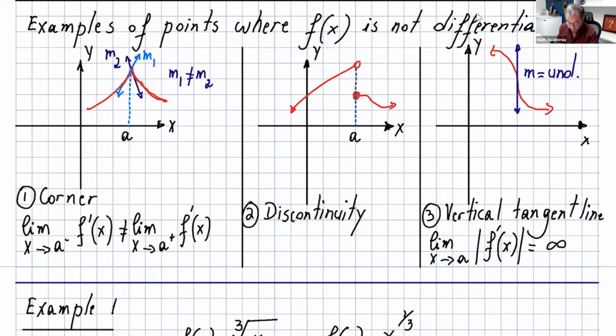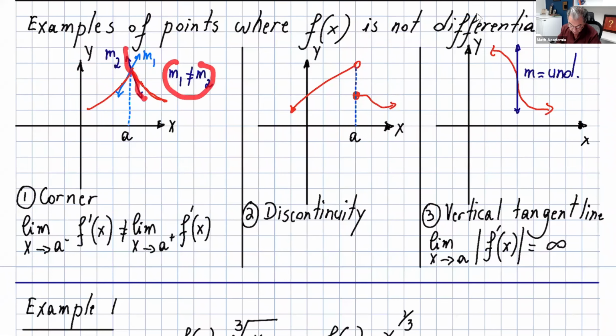Now, I put some examples for you where f of x is not differentiable. What happens to the graph? The first case you can have, this is our graph. Here we have a corner. The slope of the tangent line from the left side is this line, and from the right side is this line.